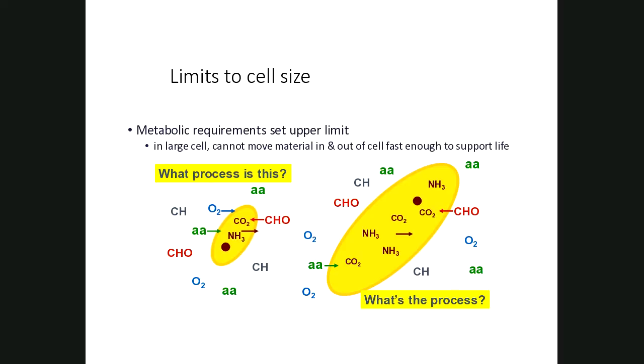Well, the process that we just talked about in the previous slide, the process of moving across that cell membrane, is diffusion. So diffusion is movement across a membrane without any energy. We have oxygen that is diffusing across that membrane, amino acids that are diffusing across that membrane, and then carbon dioxide, for example, and ammonia that are the byproducts being released and going in the opposite direction.